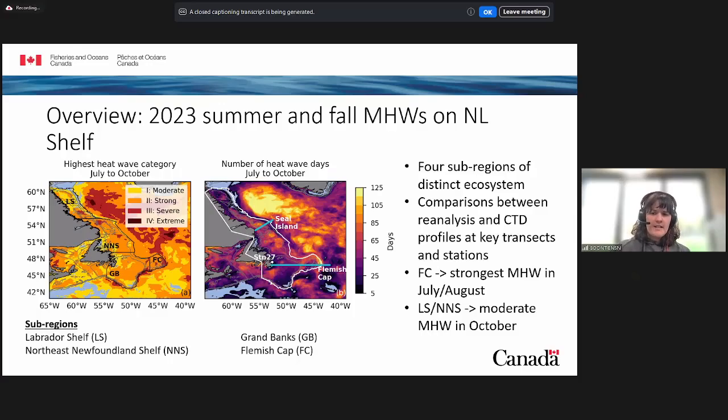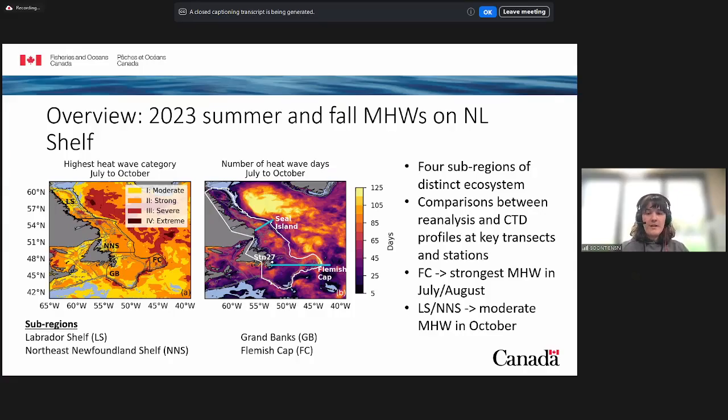Although not discussed in detail in this presentation, we've also conducted the marine heat wave analysis over the 4 subregions denoted in the plot on the left. These are the Labrador Shelf in the north, the Northeast Newfoundland Shelf, the Grand Banks, and Flemish Cap. These regions were selected because of their unique ecosystem characteristics.